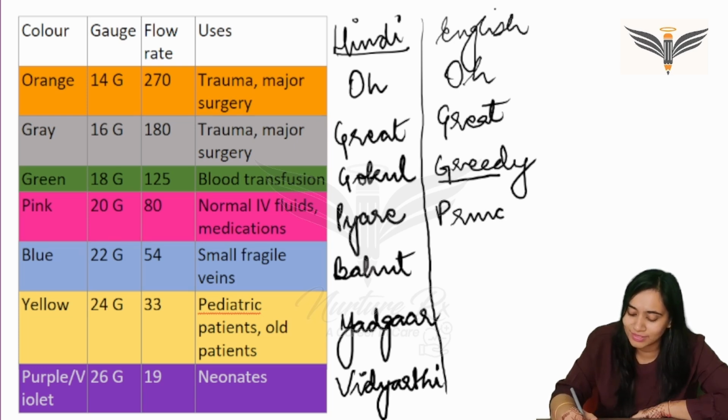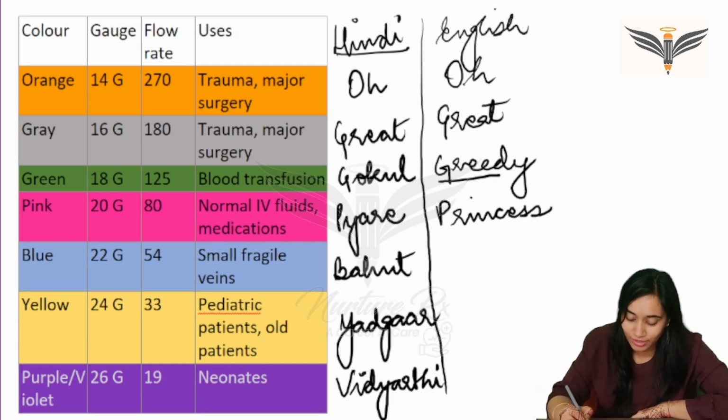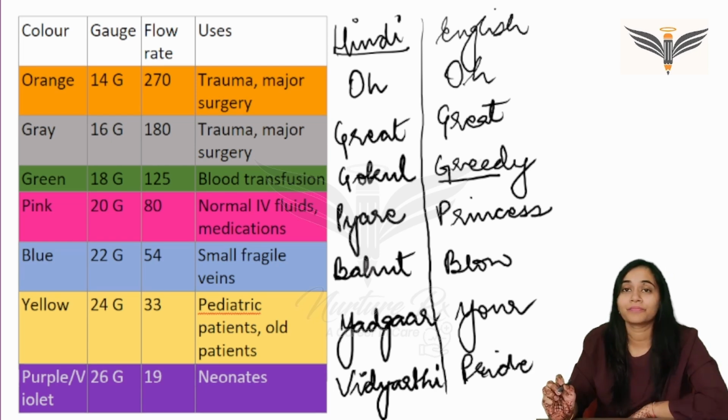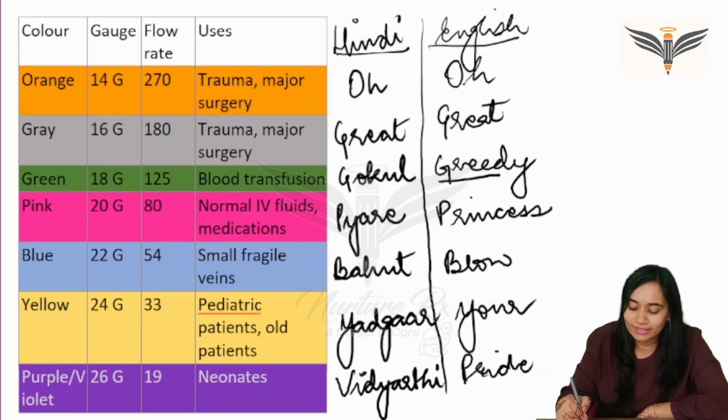Now you know princess corresponds to pink color. So you know this is pink. Okay. So oh great greedy princess, blow your pride. Right? So you're asking the princess to keep away her pride. So in English it is, "O great greedy princess, blow your pride."